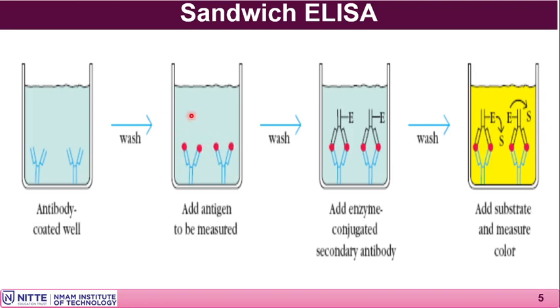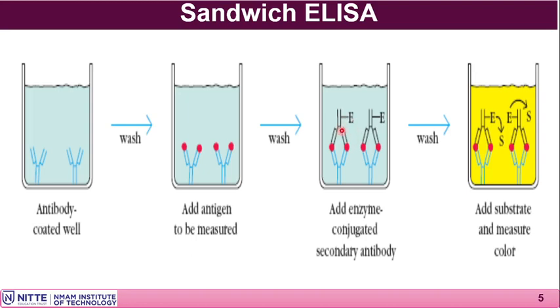Then once again, give a thorough wash to this complex. The antigen-antibody complex formed is stable at a given pH. After the wash, now to that sample you add the enzyme labeled antibody corresponding to that antigen.